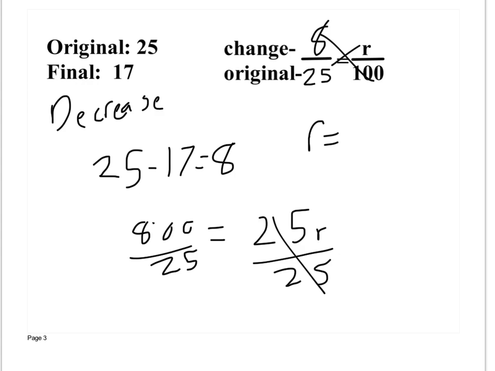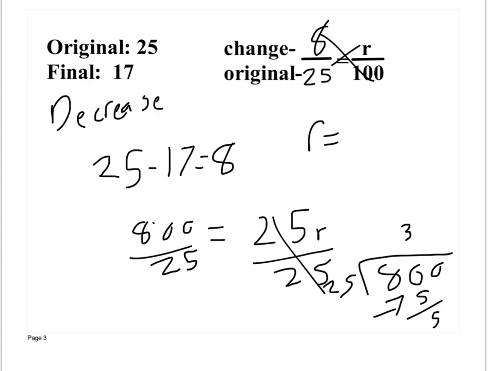Let's just check: 25 goes into 80 how many times? 3. Then how many times does 25 go into 50? 2. So R is 32%, and it's a decrease.